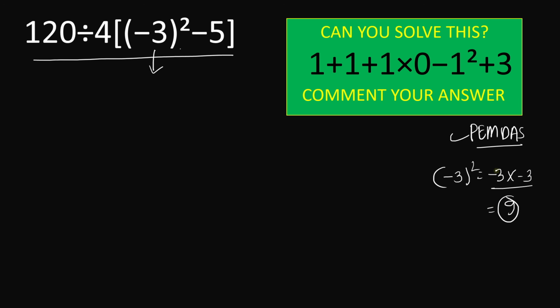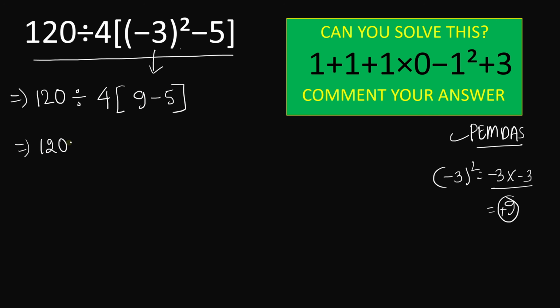Negative and negative will give a positive result when we multiply each other. So we will write 120 divided by 4 times 9 minus 5.